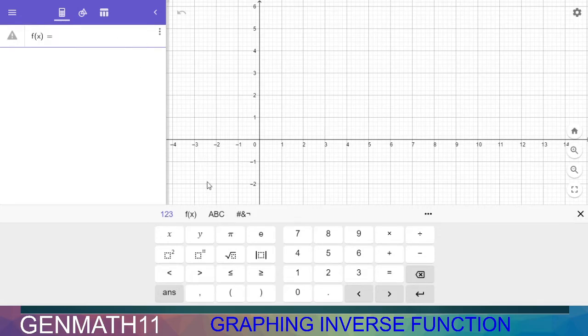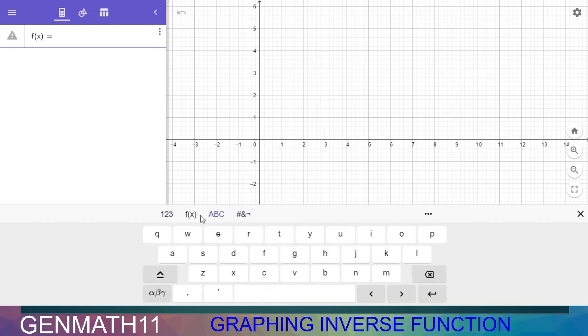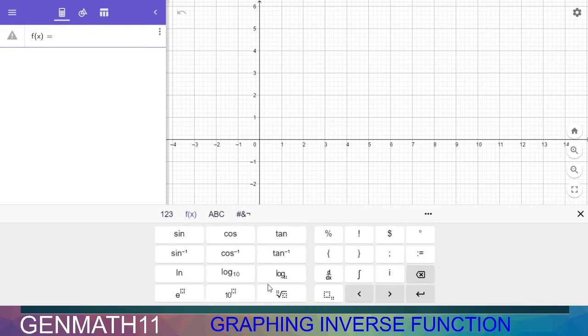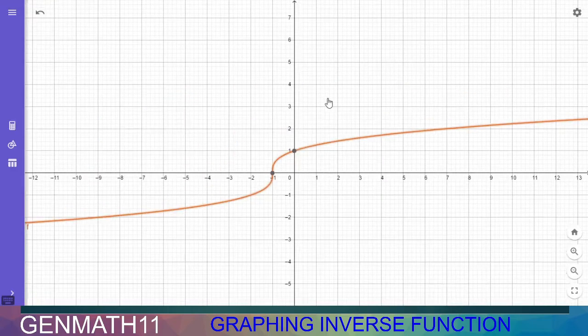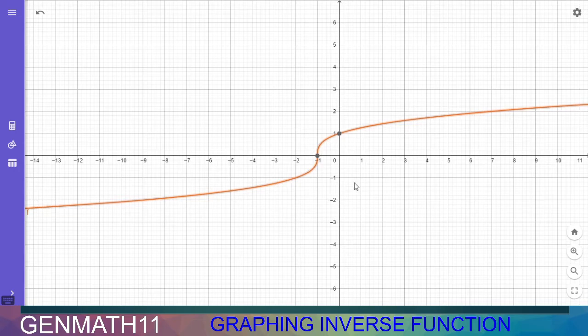So, hanapin lang natin yung cube root dito. Check lang natin ha kung may cube root. Ayan. So, lagyan natin dito yung 3. And then, cube root of x plus 1. Okay. So, its graph is the same as yung graph natin kanina.